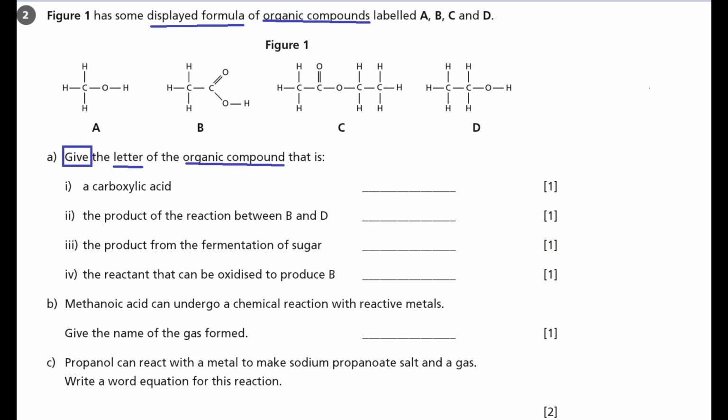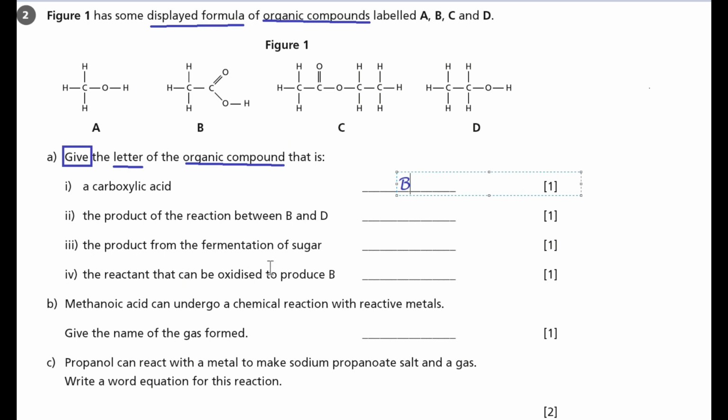Now, a carboxylic acid has a functional group of bond COOH, and the only molecule that fulfills that criteria out of this list is molecule B. This here is actually ethanoic acid. It's the acid that you would find in vinegar. And we can see here, this here is the carboxylic acid group. So the answer to this question is simply B.